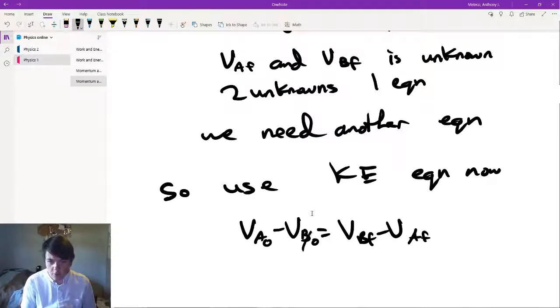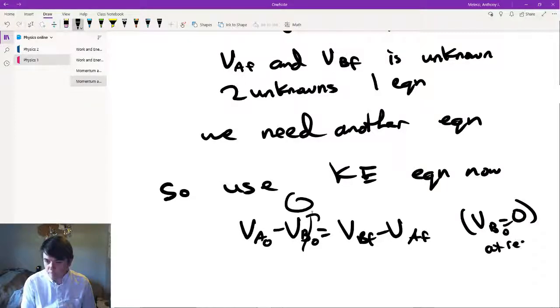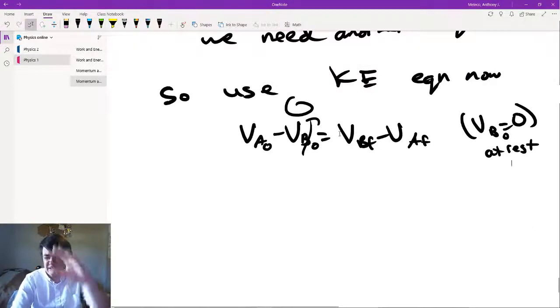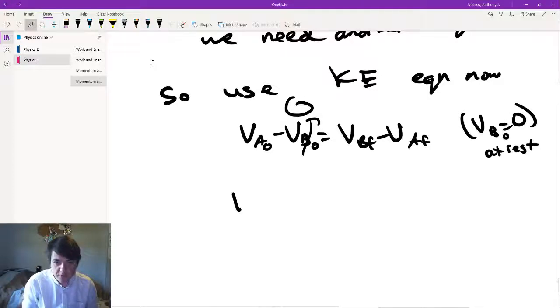The VBO was 0 because VB was at rest, right? And if you're curious about the negative sign on the parentheses in the original equation, I just distributed the negative and you get this. So now we have VAO equals VBF minus VAF.